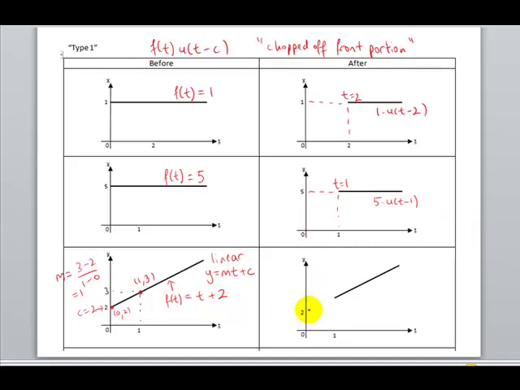Notice that the front part has been chopped off at t equals 1. It switched on. So with the switch it is (t plus 2) u(t minus 1), which is the original signal function incorporated with the switch at 1 o'clock.